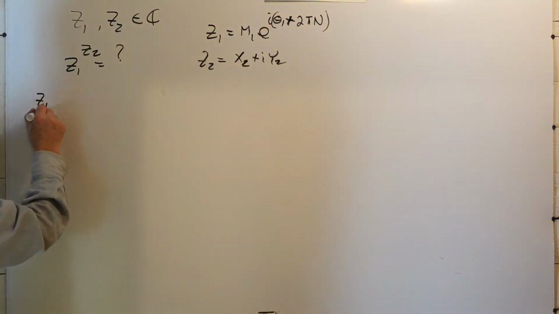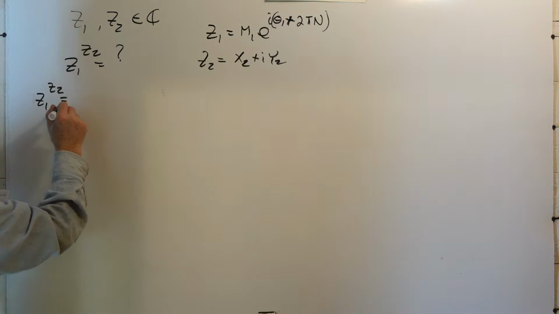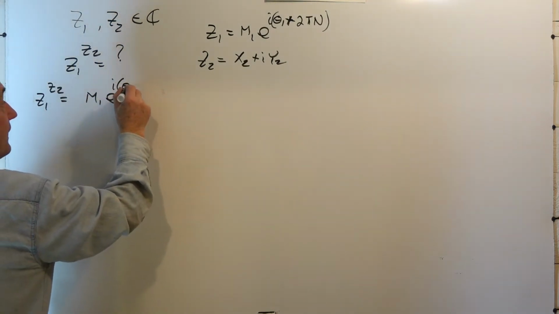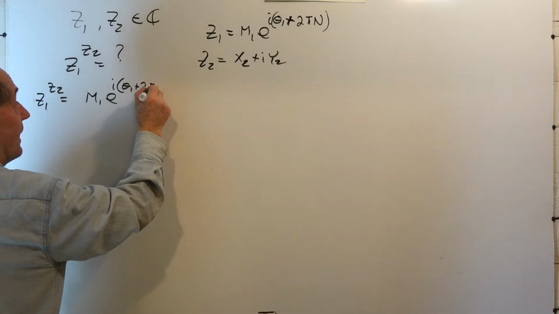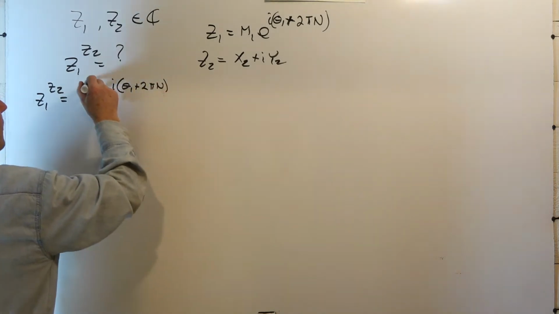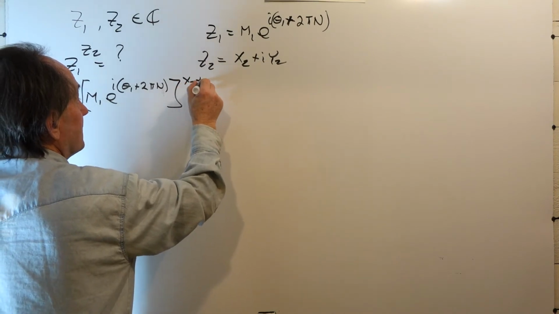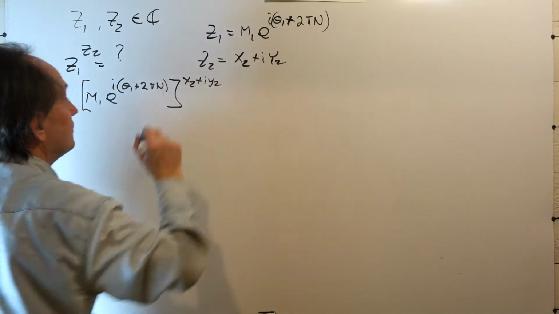So z1 raised to the z2 power is m1 e to the i theta 1 plus 2 pi n raised to the x2 plus i y2 power.